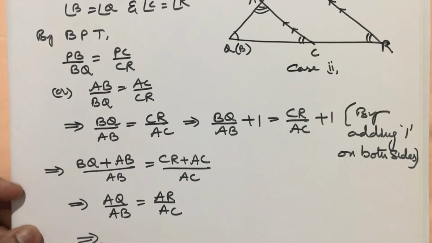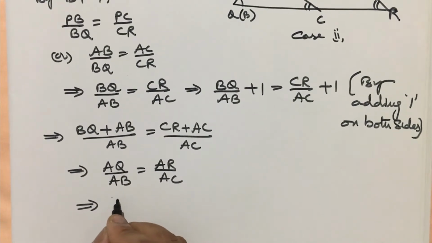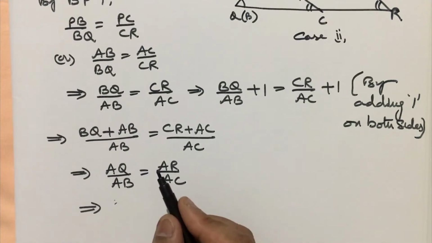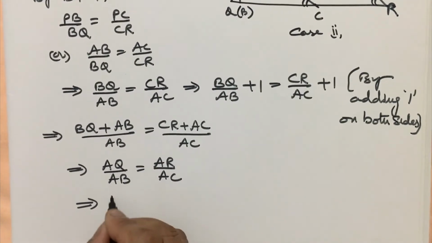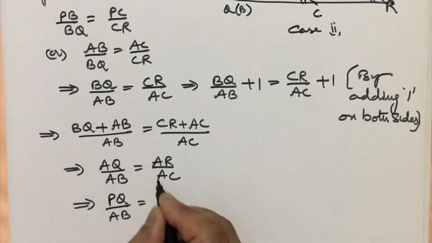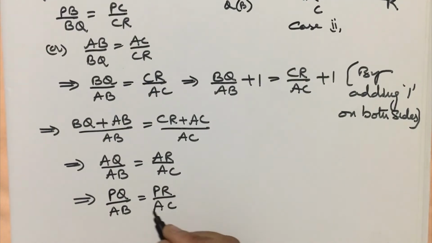Again, take the reciprocal of it. Even first of all, before taking the reciprocal, in place of AQ I can write PQ, so PQ by AB is equal to PR by AC. Now take the reciprocal.